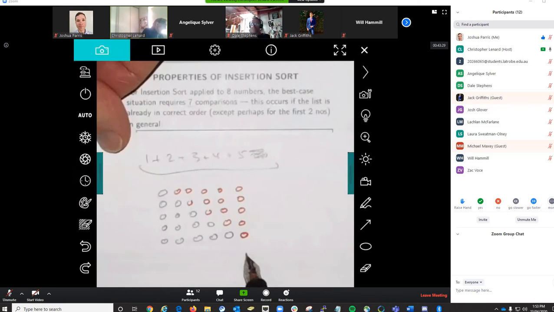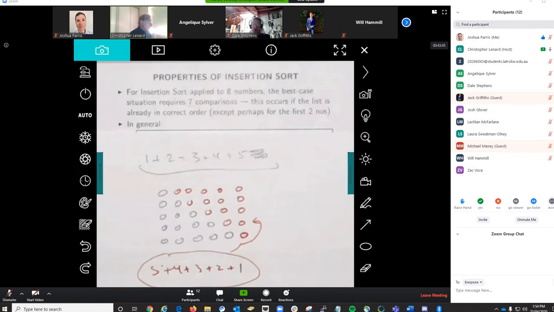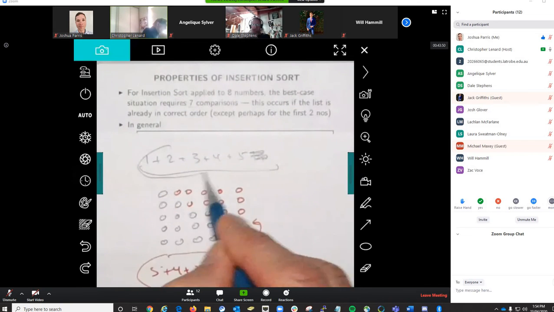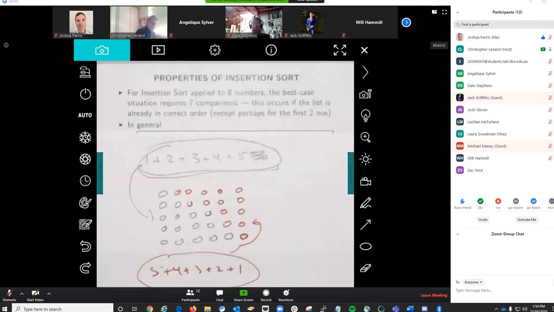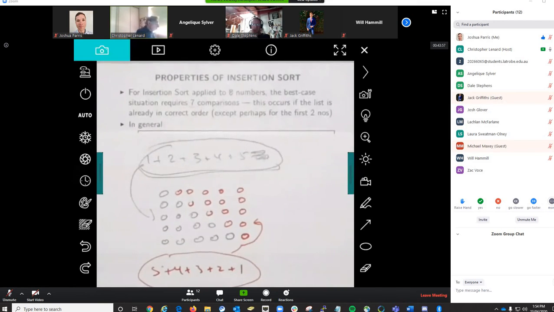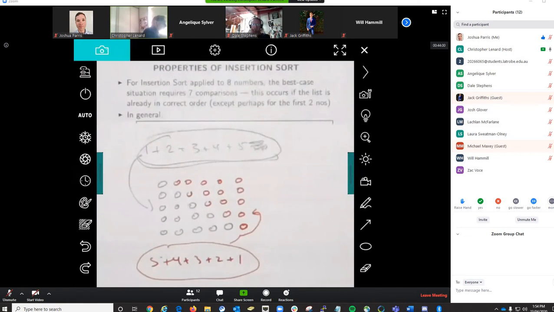So I've got here in red, starting from the top, 5 plus 4 plus 3 plus 2 plus 1 little red circles, and I've got the same number in grey. Now, how many have I got altogether? Use a different colour.